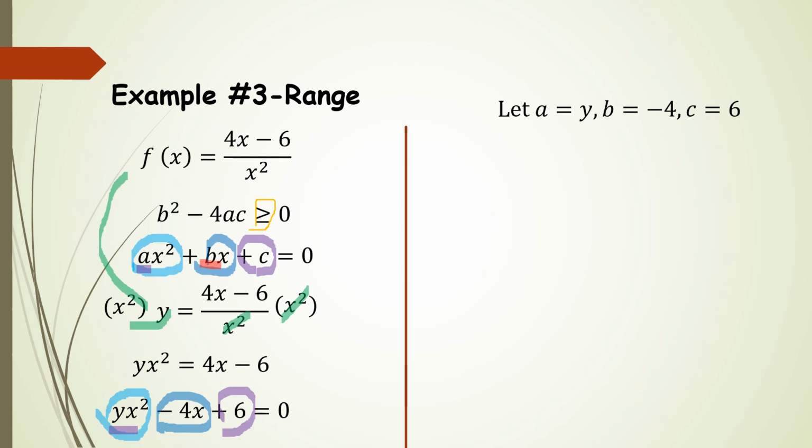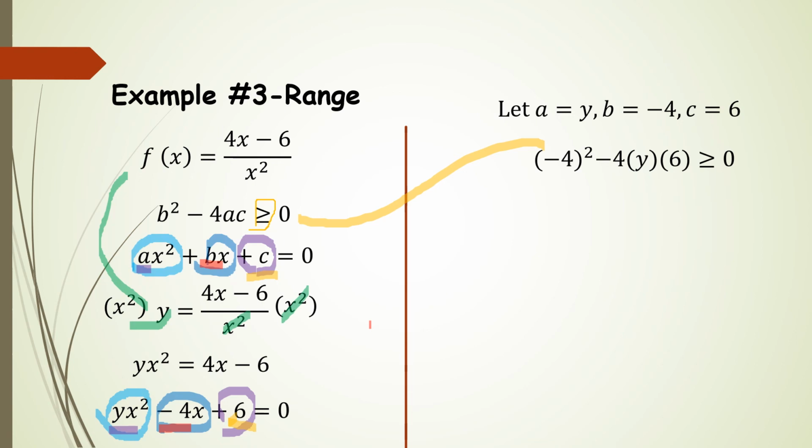Our b equals negative 4. And c equals 6. Substitute lamang ang value ng a, b, c sa ating discriminant formula. Then we will get negative 4 squared minus 4y times 6 is greater than or equal to 0.